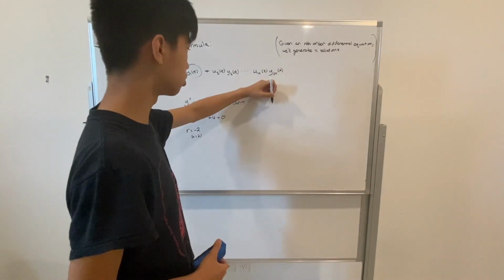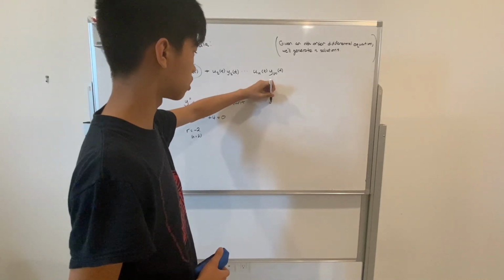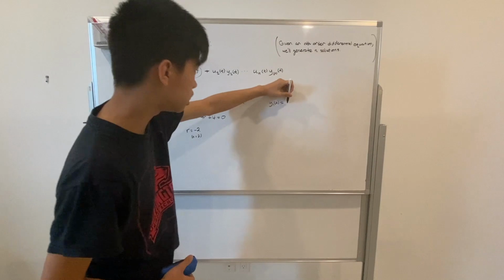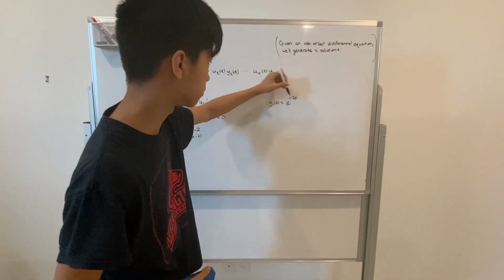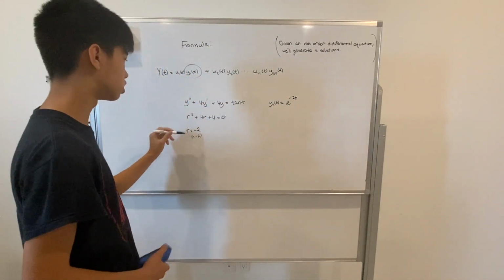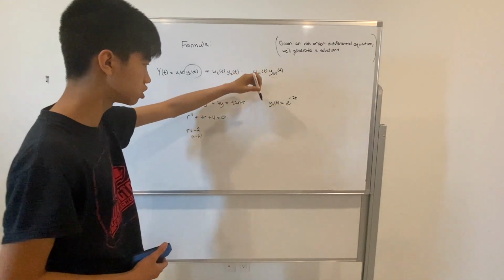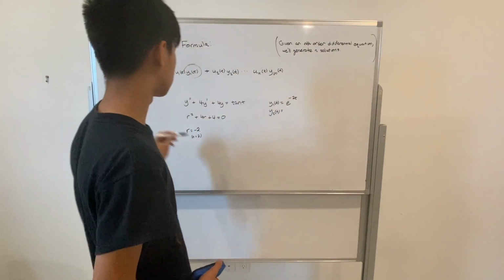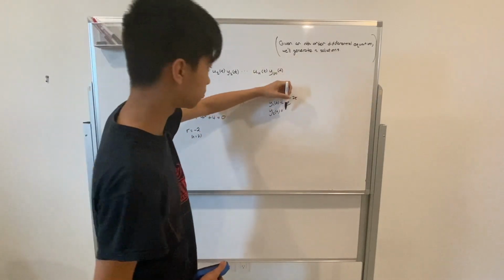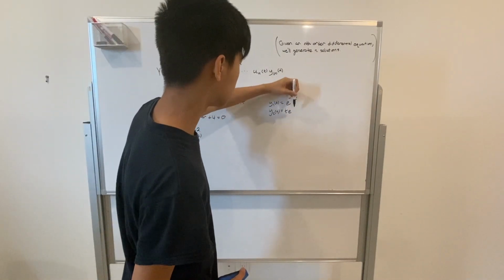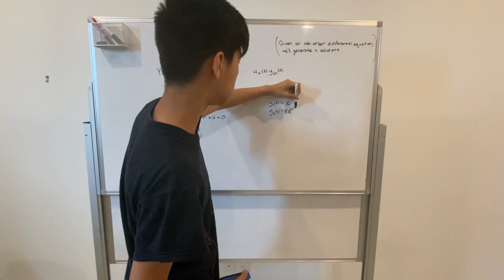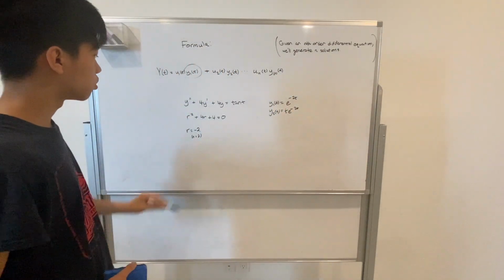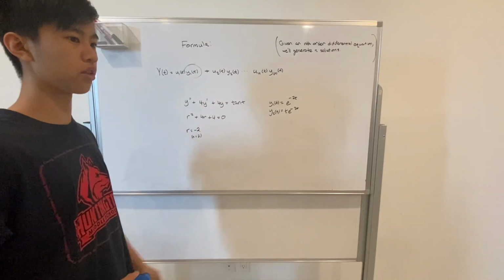So the solutions we'll generate are y1 of t equals e to the negative 2t, because negative 2 is our solution to the characteristic equation, and y2 of t is, since it's multiplicity 2, we multiply by an extra t, giving t times e to the negative 2t. So we got y of t out of the way.